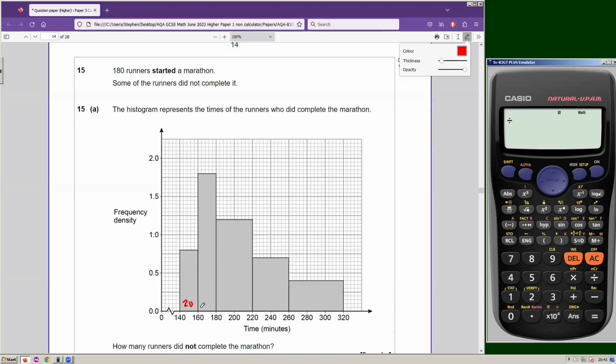I'm going to put them all down. That was 20, 60 to 80 is 20. 180 to 220 is 40. 220 to 260, 40. 260 to 320, that's 60. And we multiply each of these by the frequency density. So I'll put them all up there. So the first one is, that's 0.8.